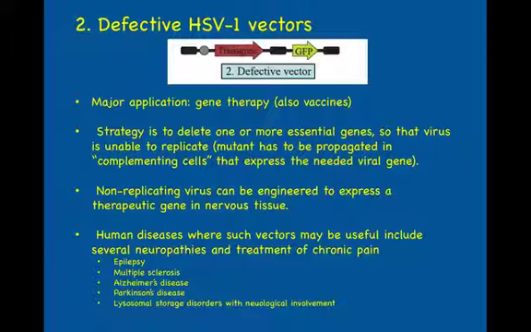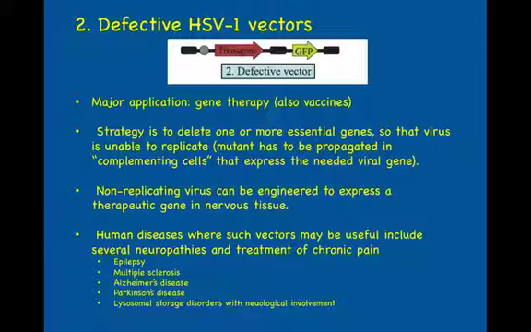And this is, again, being restricted to the nervous system. It's useful because not a lot of viruses can make it through the nervous system, at least as far as we know. But it also means that if you don't want to target the nervous system, this might not be the vector for you.